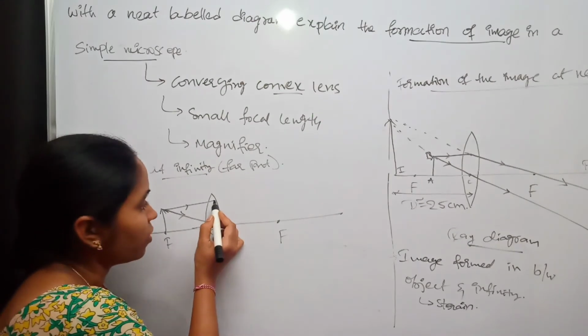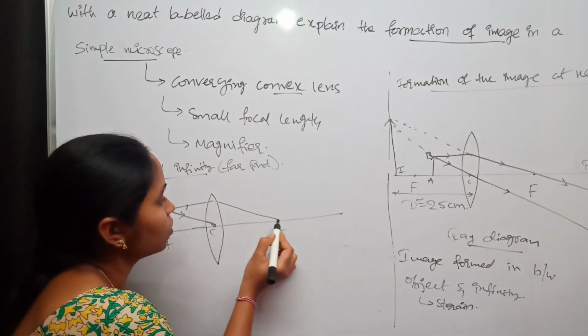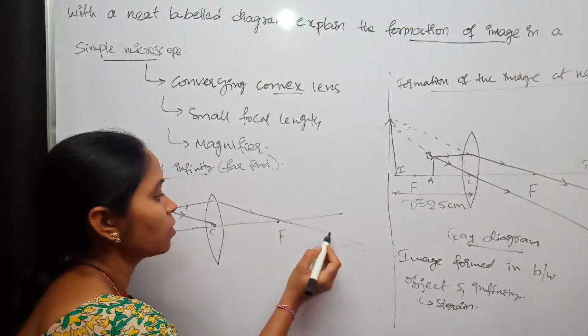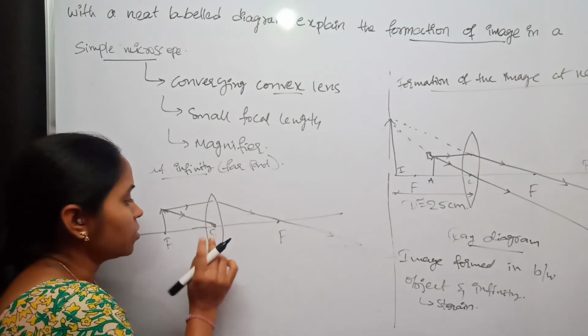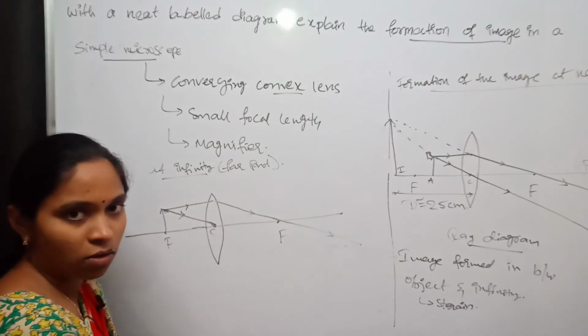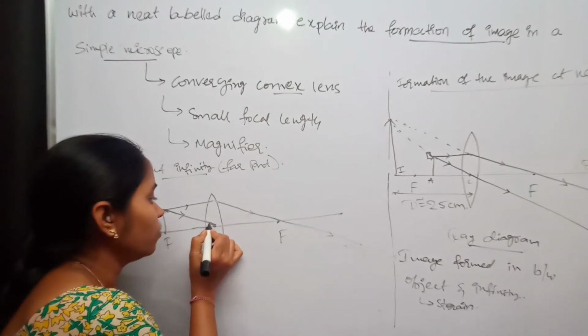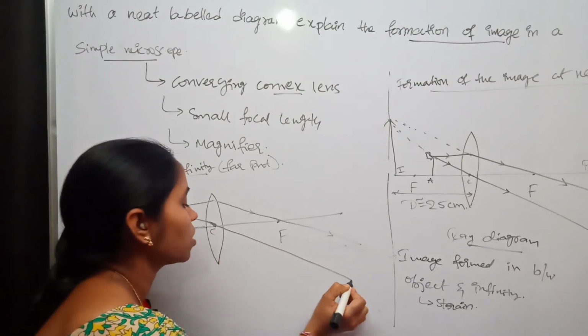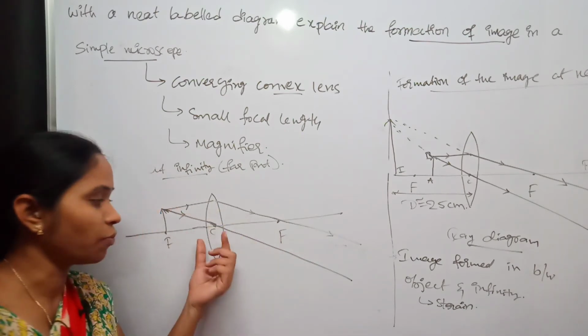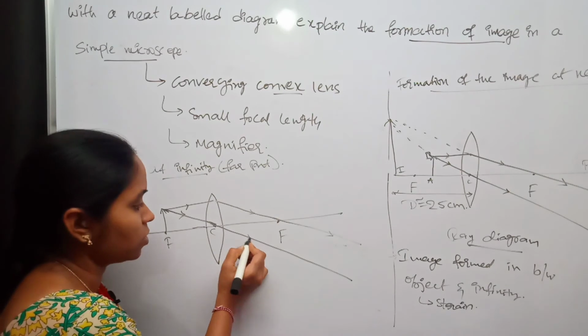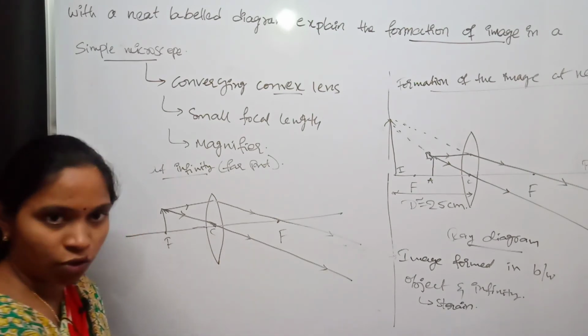The ray which is parallel to the principal axis, after refraction, will pass through this focus, and the ray which is passing through the optic center, after refraction, will move in a straight line. These rays are approximately parallel to each other.